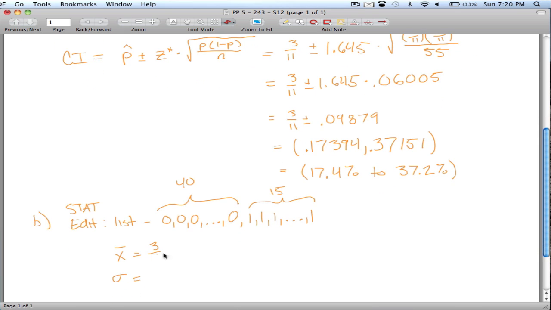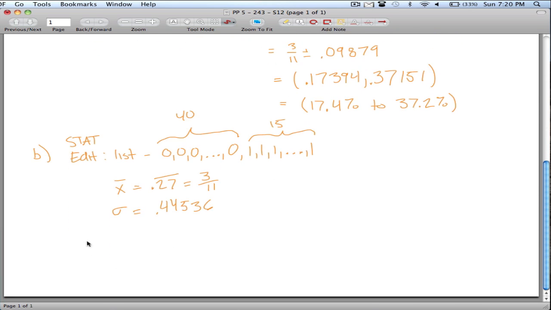You get this same x bar, 0.27 repeating, since that's what you'd get out of your calculator, which is 3/11. And if you use sigma, you get 0.44536. So what we want to do is our confidence interval is x bar plus or minus z star times sigma over the square root of n.